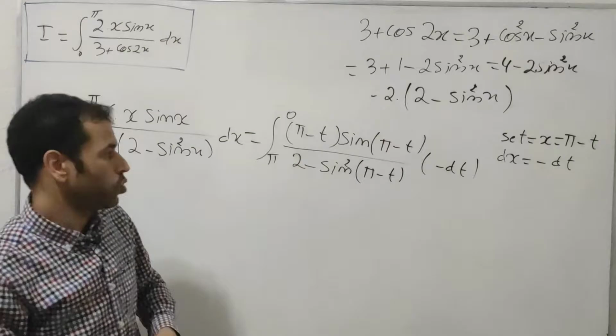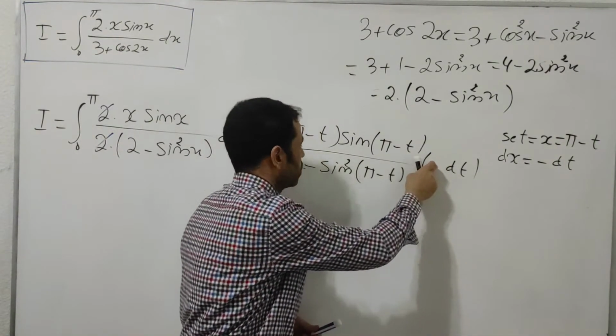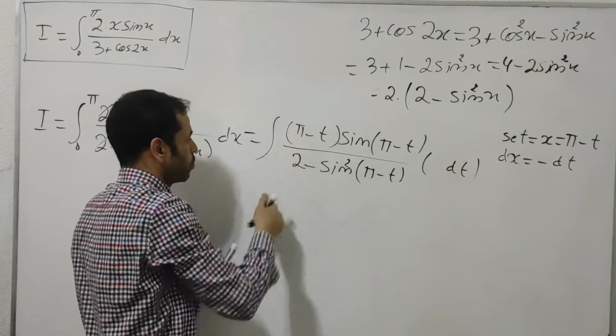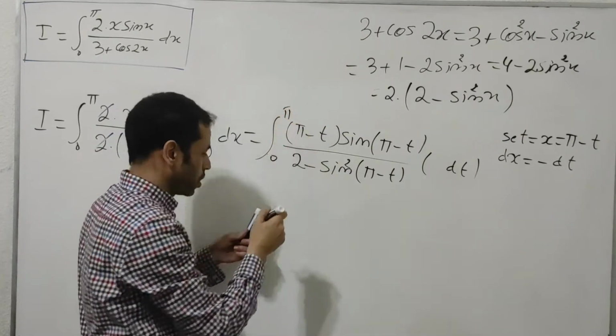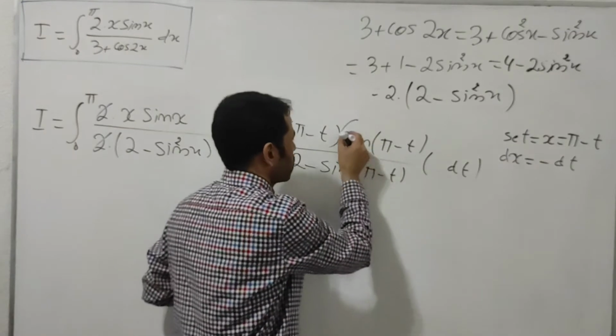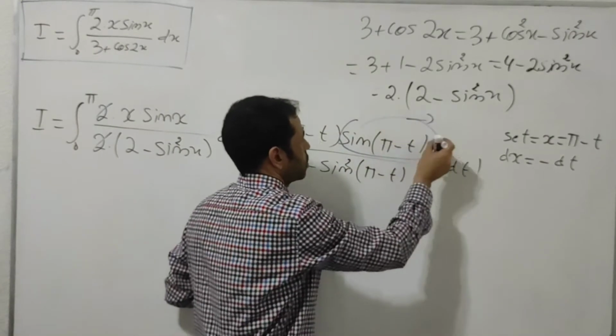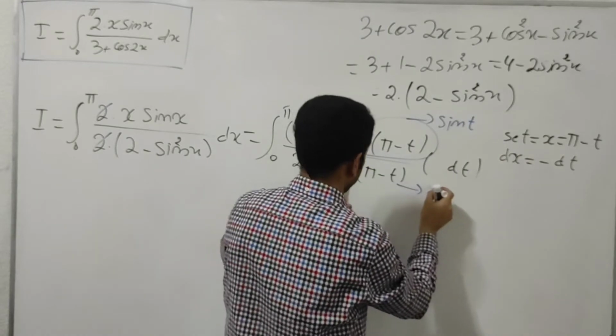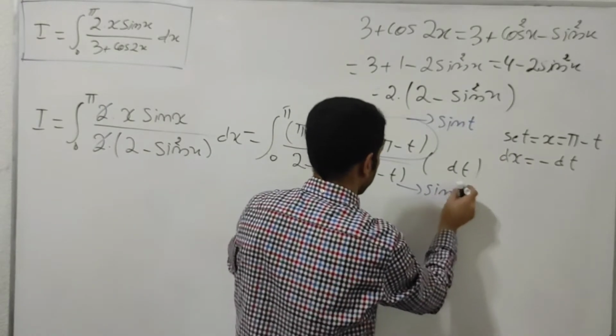The first thing we should do is cancel this minus sign and flip the bounds, so they become from 0 to pi. The second thing, we know sine of pi minus t becomes sine t, and this one will also be transformed to sine t.